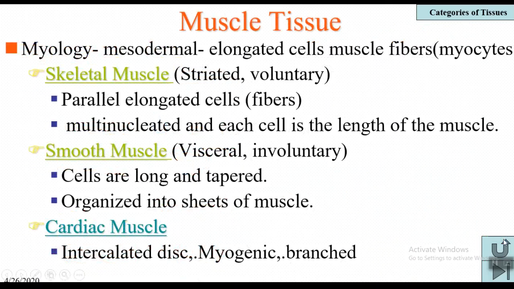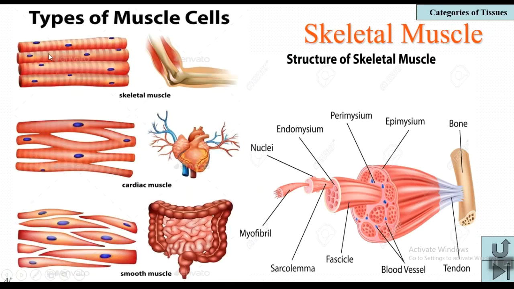These skeletal muscles have alternate dark and light bands, alternate striations. That's why they are called striated muscles, because of their striations, because of their lines. As they are associated with the bones, the skeletal structures, they are also called skeletal muscles.